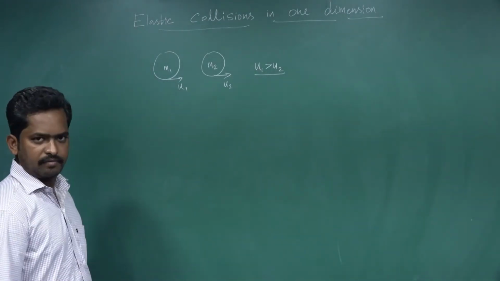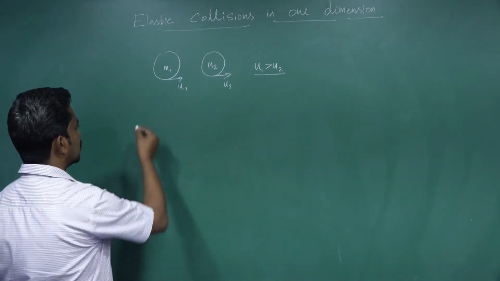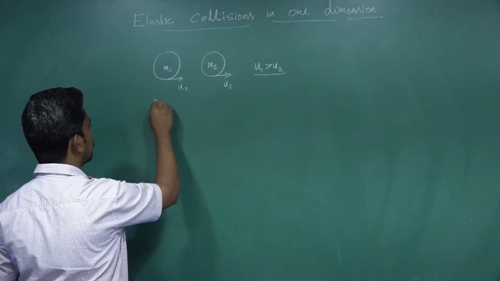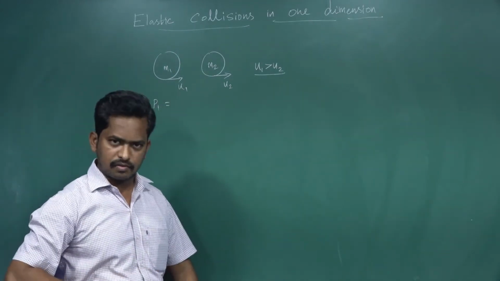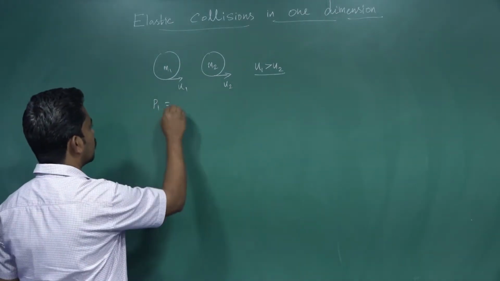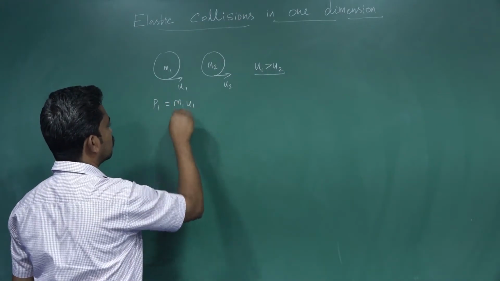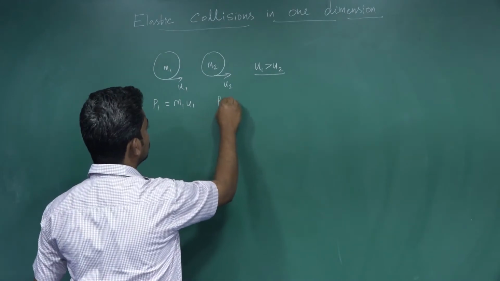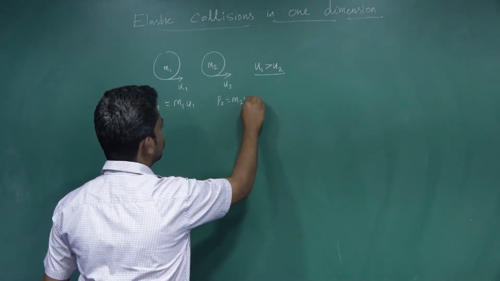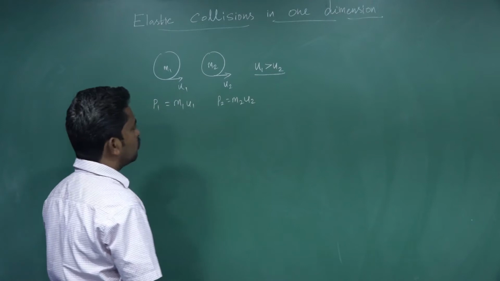You know well, momentum is equal to mass into velocity. So the momentum of the first body is P1 equal to m1 u1, and the second is P2 equal to m2 u2. What is the total momentum?